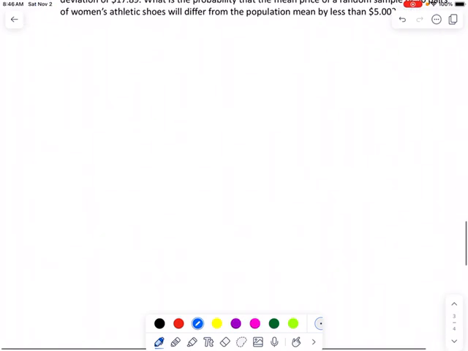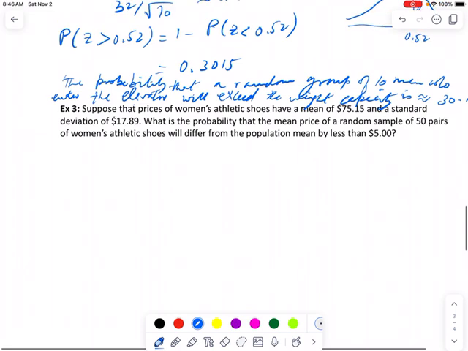Okay, looking at example 3. Now this was, again we read, so suppose that prices of women's athletic shoes have a mean of $75.15 and a standard deviation of $17.89.